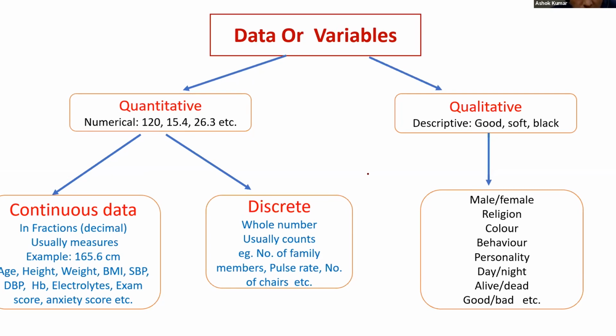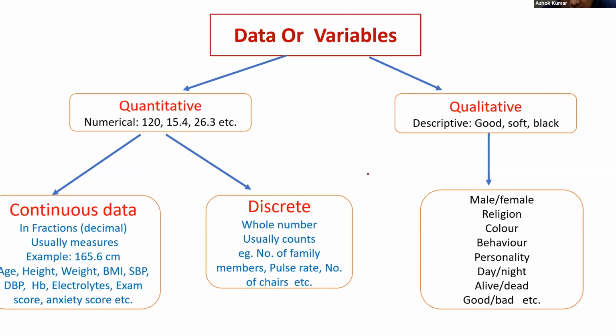Now qualitative data. These tell about the quality of anything. We cannot give numbers. These are male or female, gender, religion, color, different types of color, different types of religion, behavior, personalities, day, night, afternoon, good night.